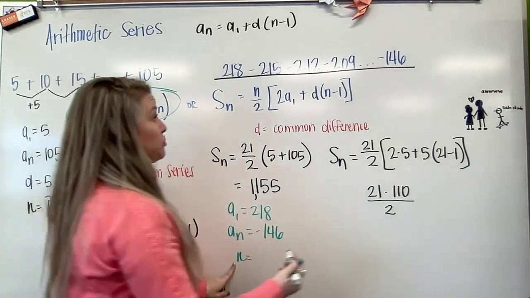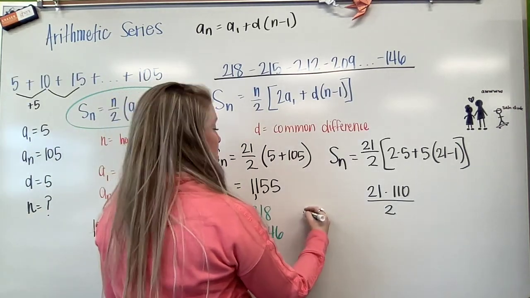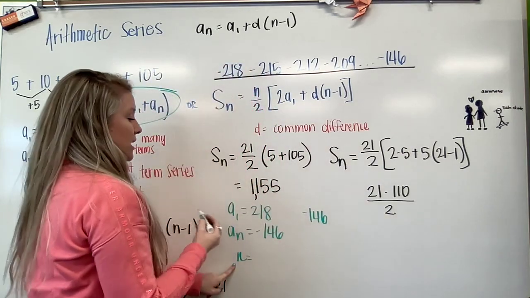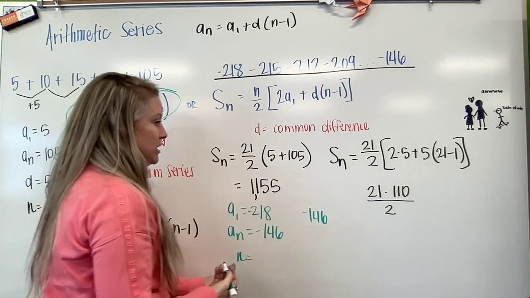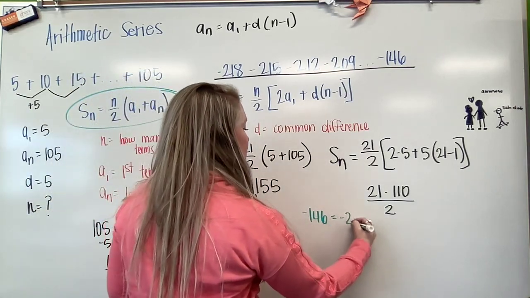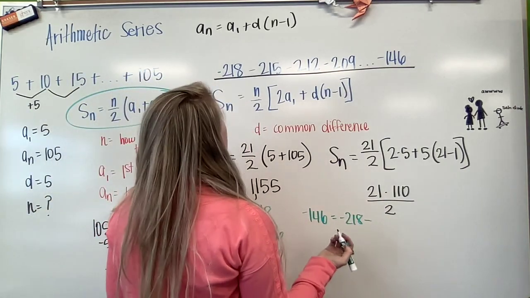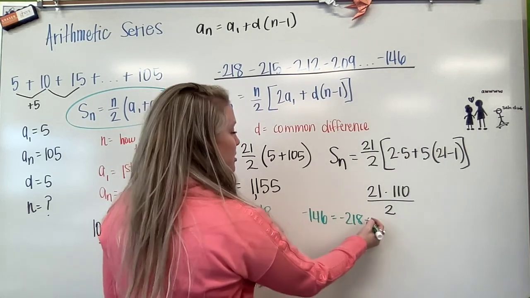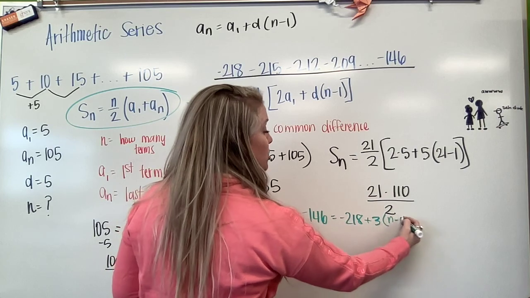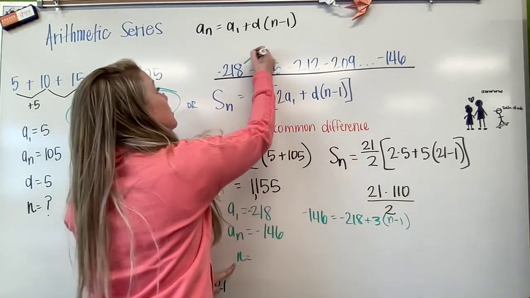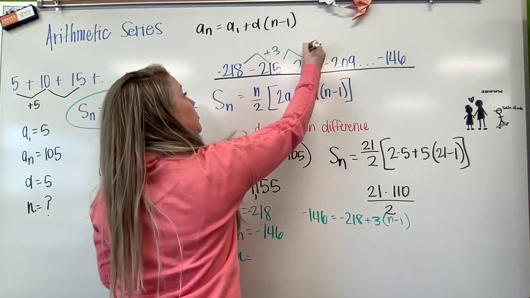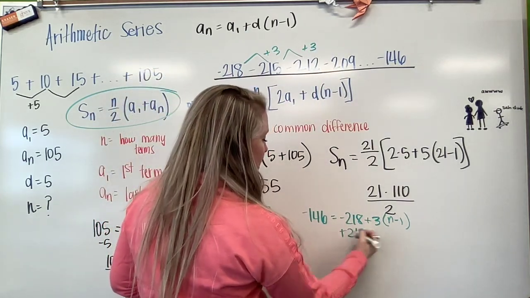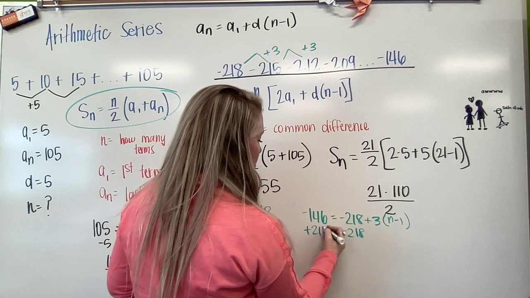So I'm going to go back to my explicit formula, and I'm going to say negative 146. Sorry, that's supposed to be a negative 218. That would be crazy if it wasn't. Equals negative 218. And our common difference here, it looks like actually I'm still adding 3, but my numbers just happen to be negative. To go from term to term, it looks like we're just adding 3. So I'm going to add my 218 over.